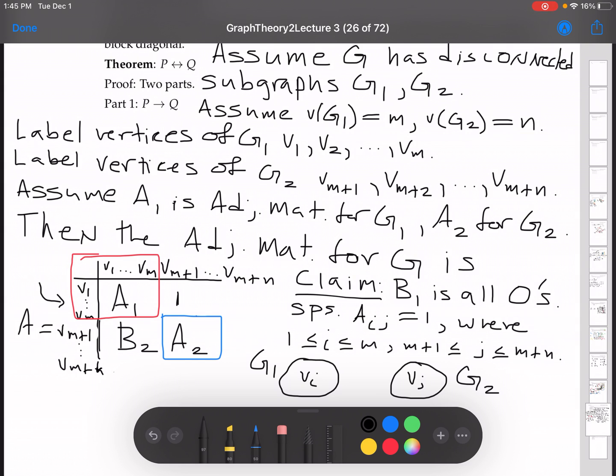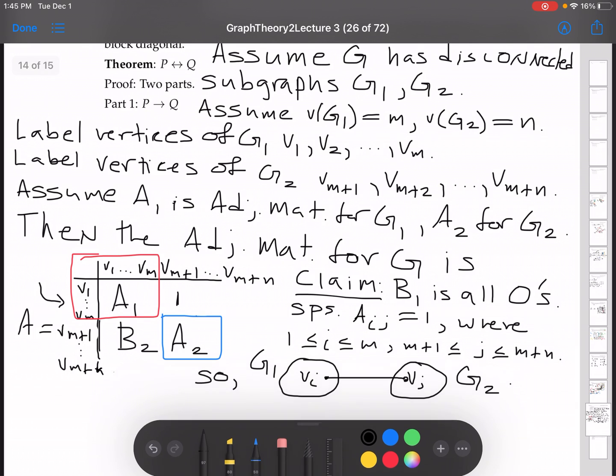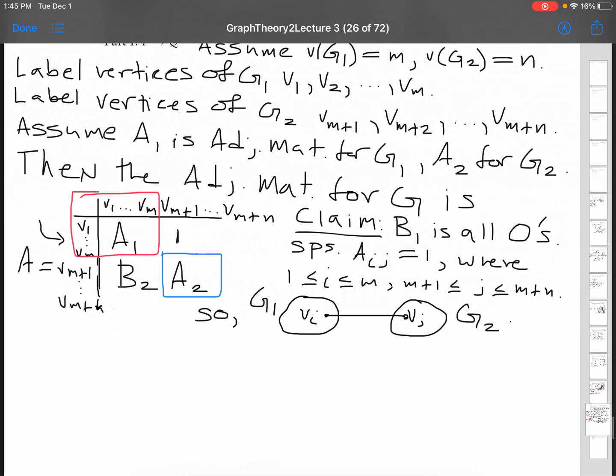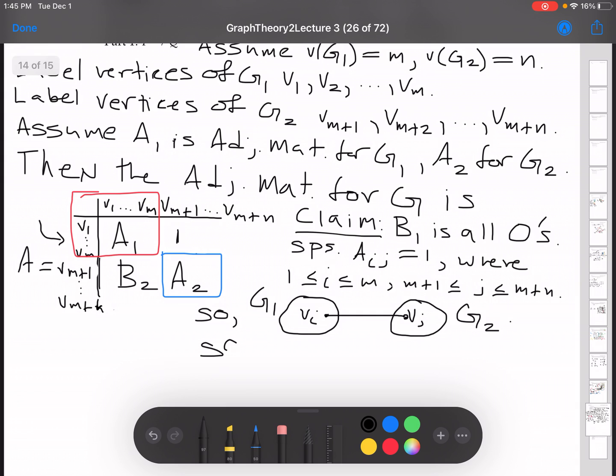But then see what happens? If those are connected with an edge, then G1 and G2 are connected.